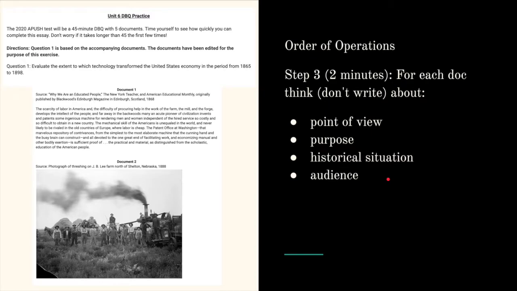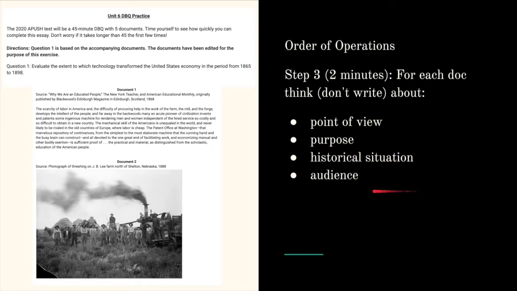Now, step 3, this is only 2 minutes. You should look at each doc. Don't write anything for this step, but kind of think about the point of view, the purpose, the historical situation, and audience of each of these documents. Remember, this is for these 3 analysis points.